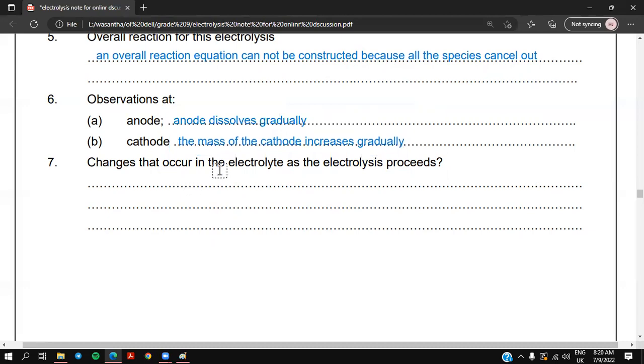Changes that occur in the electrolyte as the electrolysis proceeds: no changes.